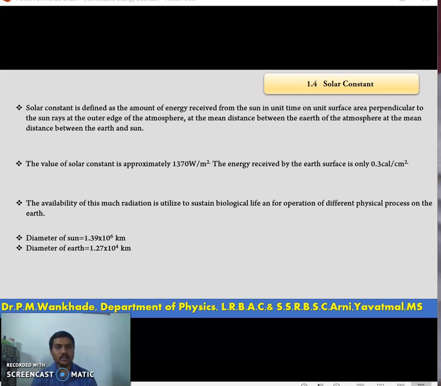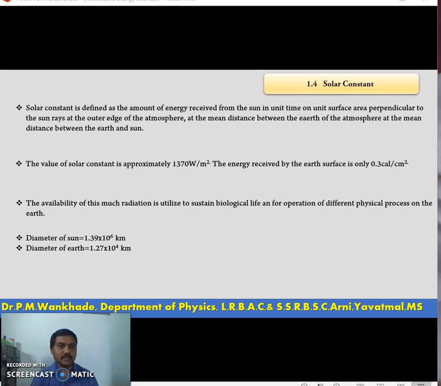So, solar constant is defined as the amount of energy received from the sun in unit time on unit surface area perpendicular to the sun rays at the outer edge of the atmosphere at the mean distance between the Earth's atmosphere and the sun.